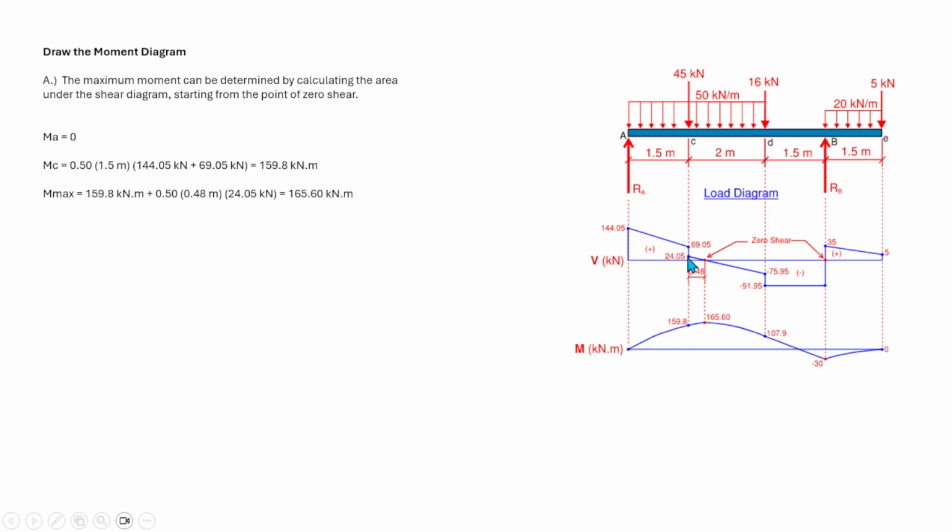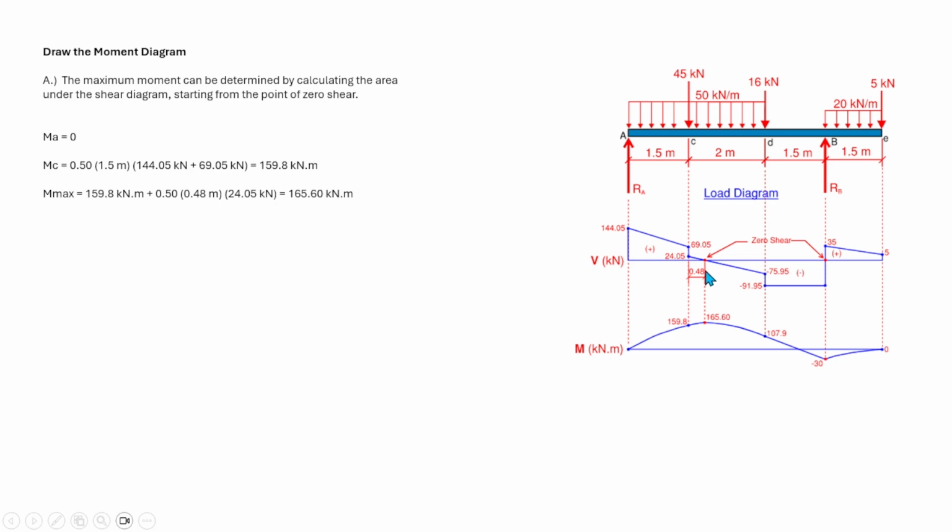So the maximum moment is at the point of zero shear, which is 0.48 from this point to that point. We have similar triangles because this one is linear. I did not show the calculation of how I came up with 0.48, but it's a simple calculation using ratio and proportion, similar triangles.